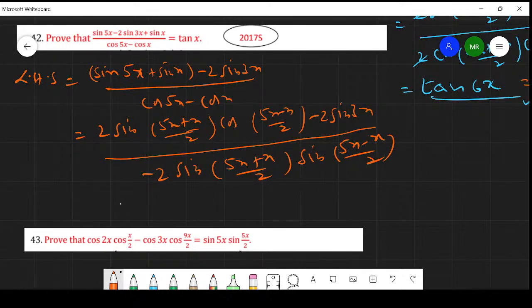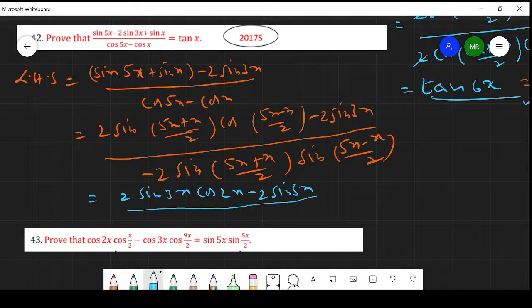I can simplify now. The numerator is 2 sin 3x cos of (5x minus x) by 2, that is 4x by 2, 2x, minus 2 sin 3x, by the denominator minus 2 sin 3x sin 2x.